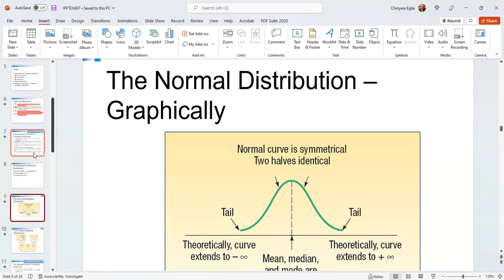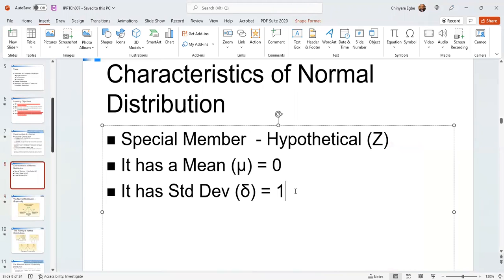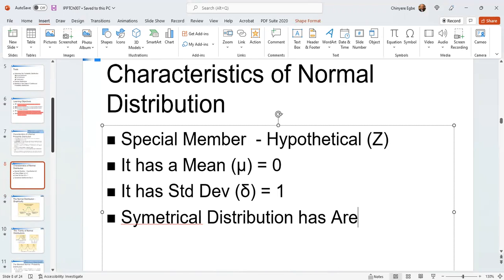The other thing about a symmetrical distribution is that it has area equals 1.